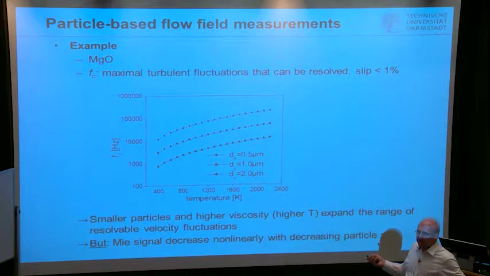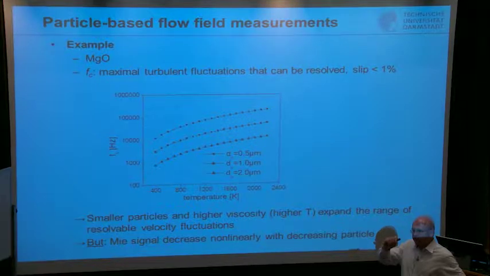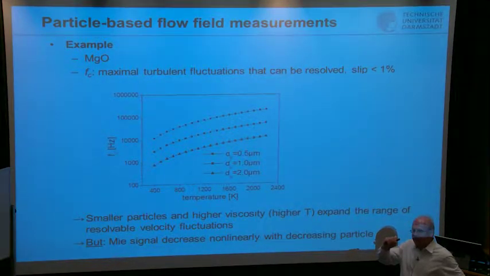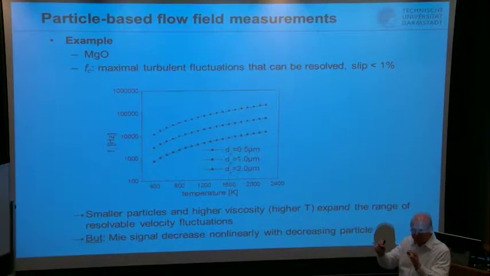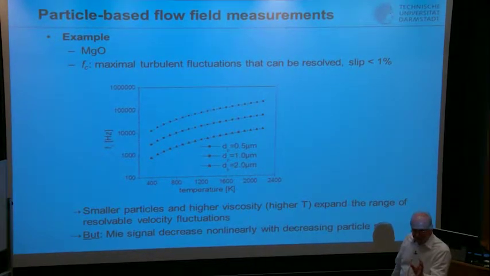And as I said, it is also dependent on your spatial resolution. As long as you do not have the high spatial resolution to resolve the smallest eddies, and that is difficult in LDV, because at least in one direction you have much more than 50 microns, more on the order of half a millimeter, you're spatially smoothing, and thereby you might not be able to see that effect anyhow.